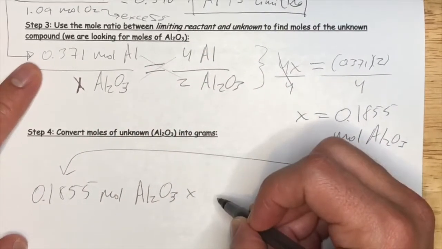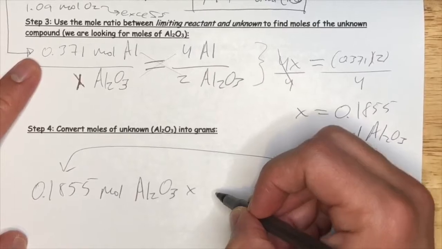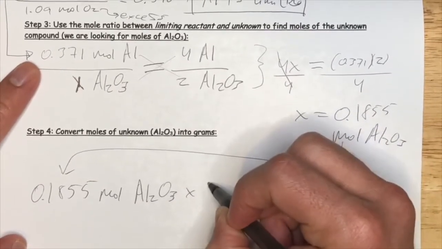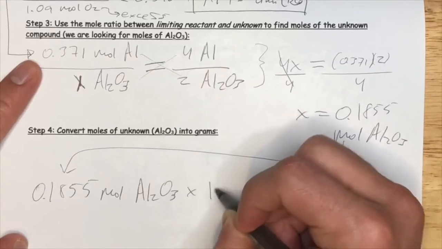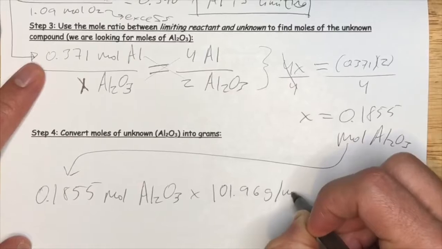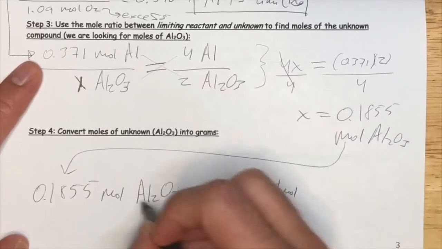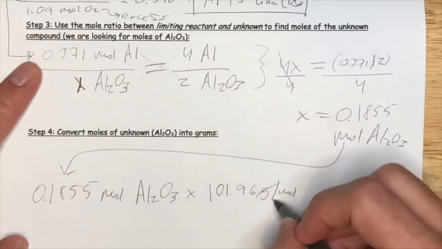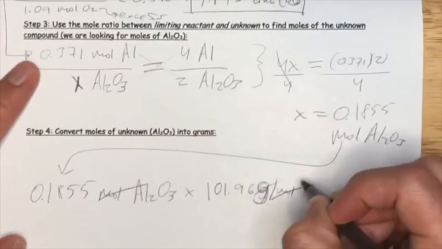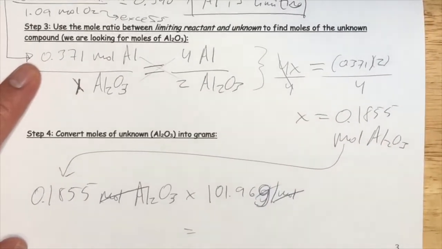So do the math real quick. You'll find that the molar mass of this compound, Al2O3, is 101.96 grams per mole. Cancel out moles. Leave the grams. And so we get our answer.